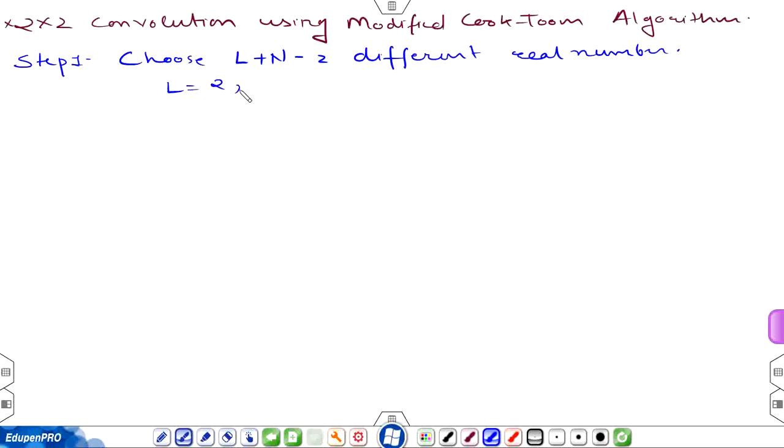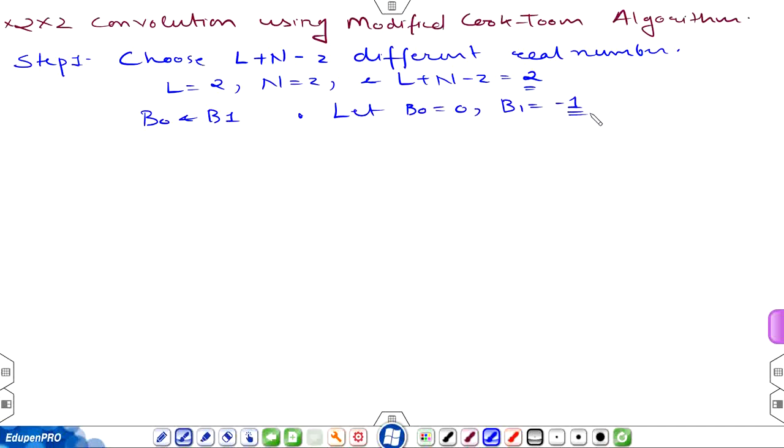So L plus N minus 2 is 2. So you have to choose total 2 real numbers, that are beta 0 and beta 1. Okay, so let beta 0 is equal to 0 and beta 1 is equal to minus 1. You have assumed some small integer values.